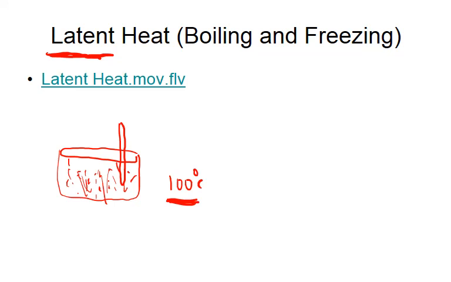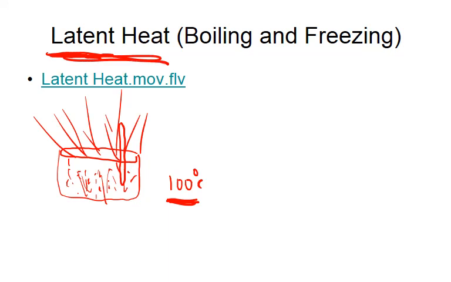It just stays at 100 degrees Celsius. But what happens is these particles boil into the atmosphere. You have some evaporation too, but the molecules themselves break apart from the liquid, right? So that heat is actually going in and breaking those bonds.